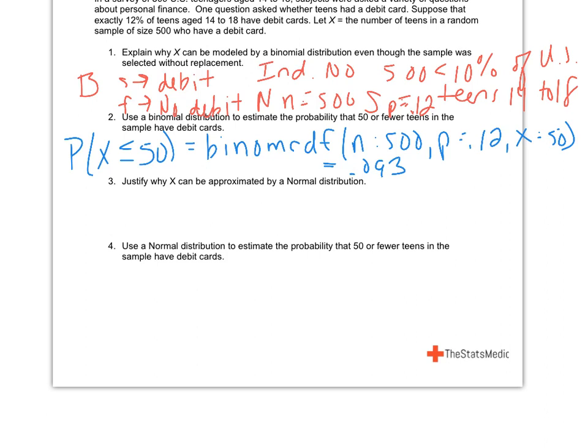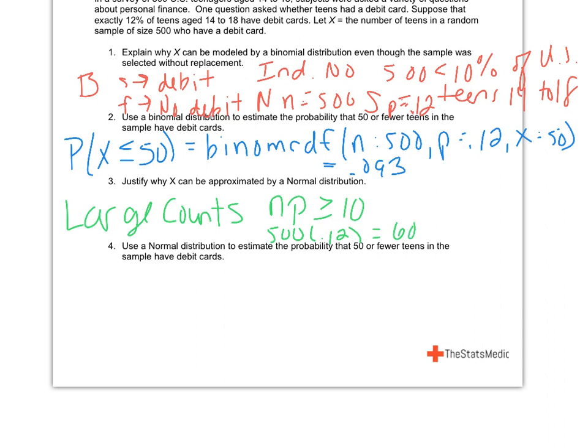Justify why X can be approximated by a normal distribution. Well, that's our large counts, right? Our large counts will allow us to justify why we can use a normal distribution in this setting. To justify that, I need to plug in my numbers. I need N times P to be greater than or equal to 10, so 500 times 0.12, which is 60.